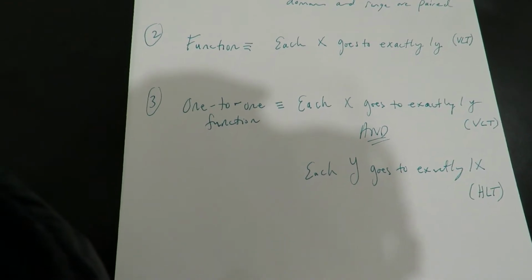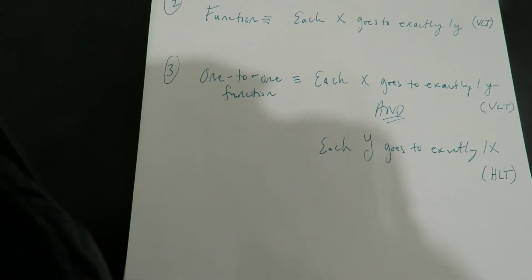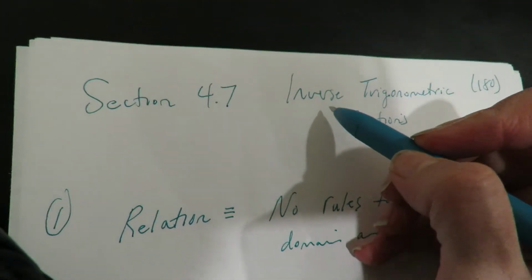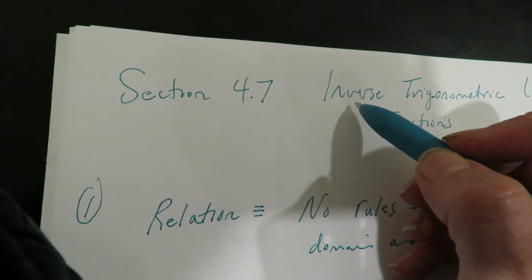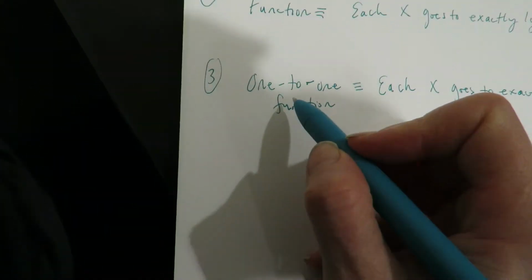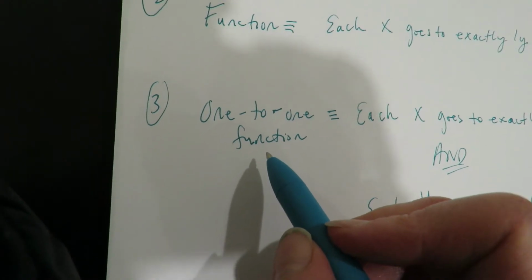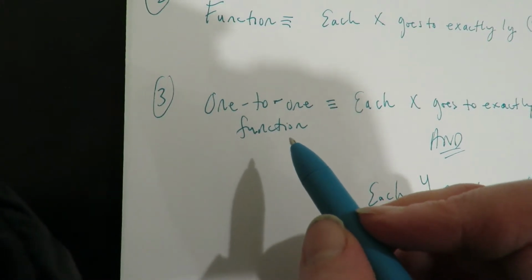And the reason why I'm reviewing this is, if you recall, the only type of function that has an inverse is a one-to-one function. So that's a really specific type of function.